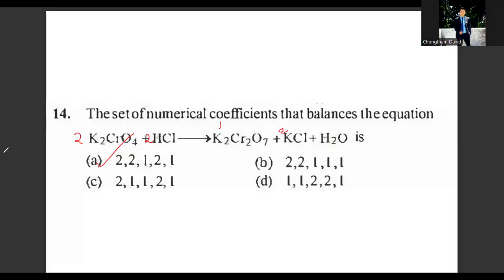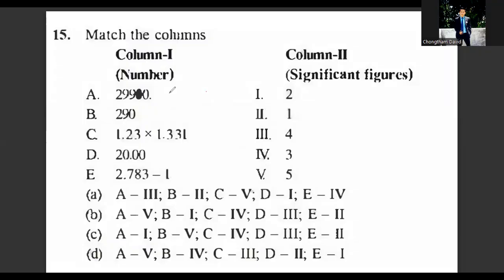Question number 15, match the column. So which is the correct match? Let's see, terminal zeros. These are not significant if there is no decimal, so 290 contains two significant figures, whereas 29,900 has five significant figures.